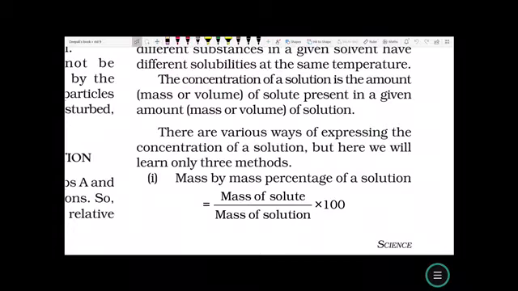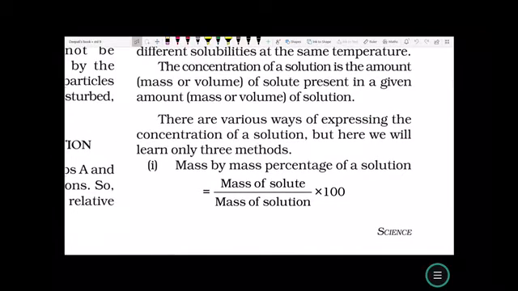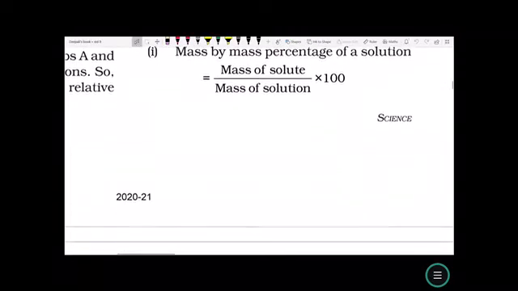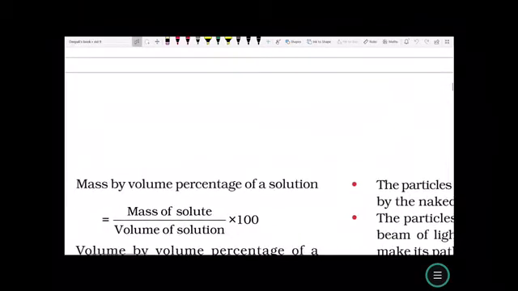Now, when we have to find the concentration in terms of percentage, mass by mass percentage of solution, that is mass of solute upon mass of solution into 100, will give you the mass by mass percentage of the solution. The second method is mass by volume percentage of the solution.